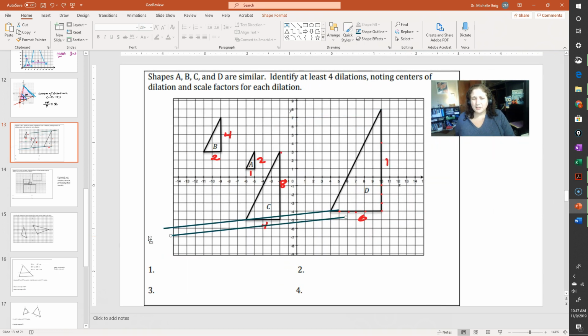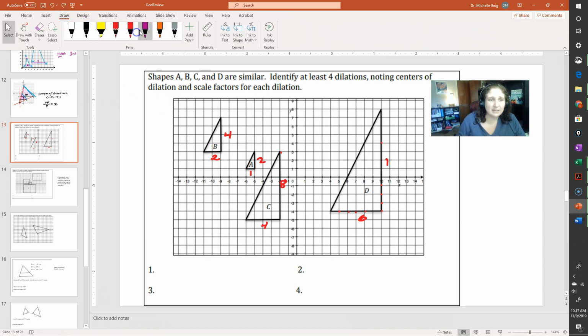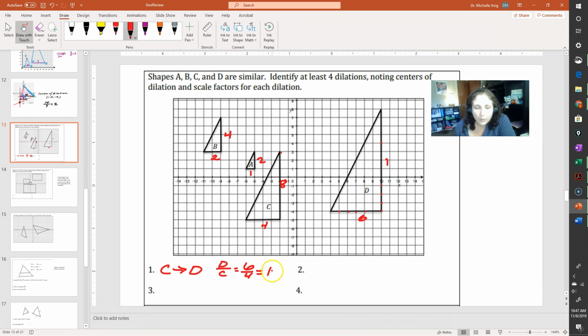The scale factor would be super easy. Again, it would just be new over old. So if I'm going from C to D, then I would have to put D over C to get 6 over 4, or 3/2 or 1.5.